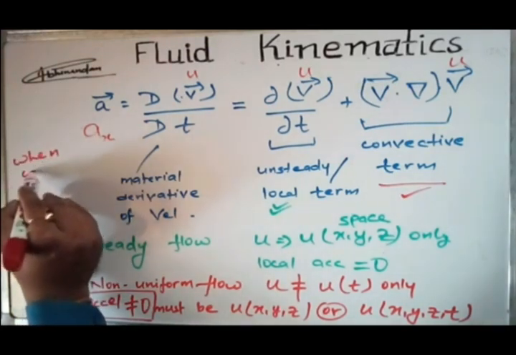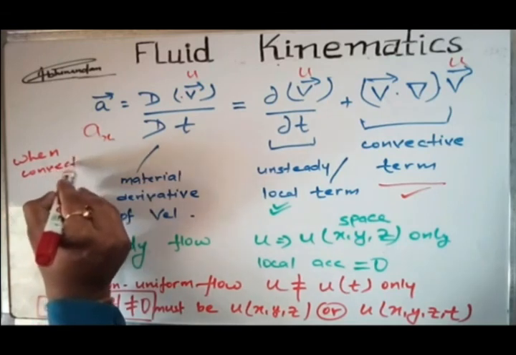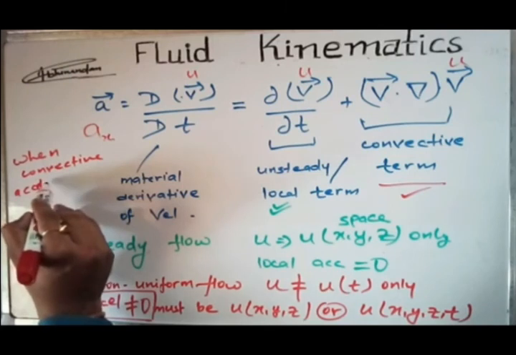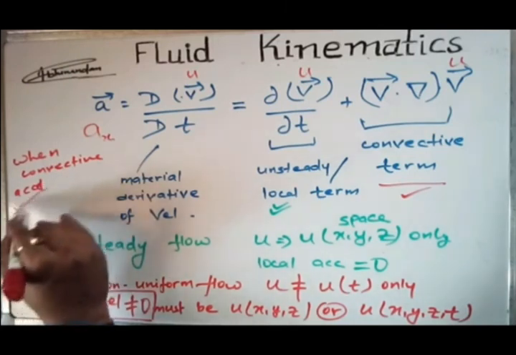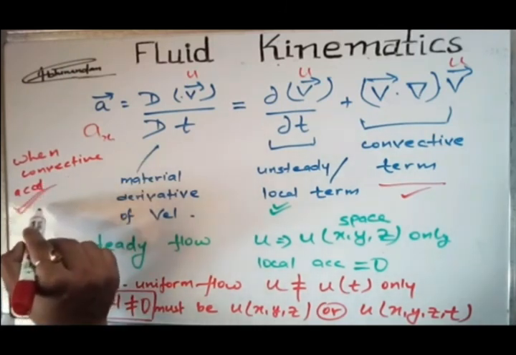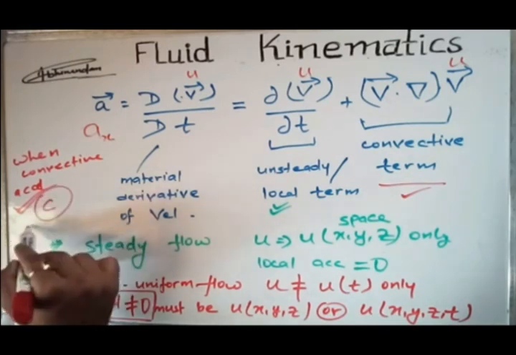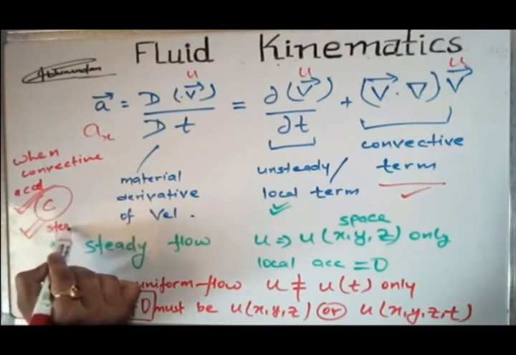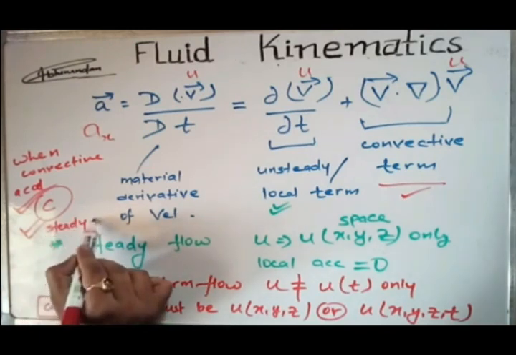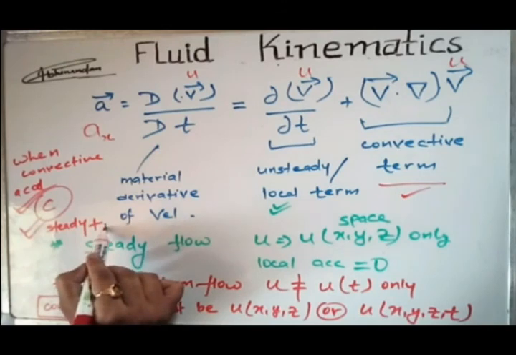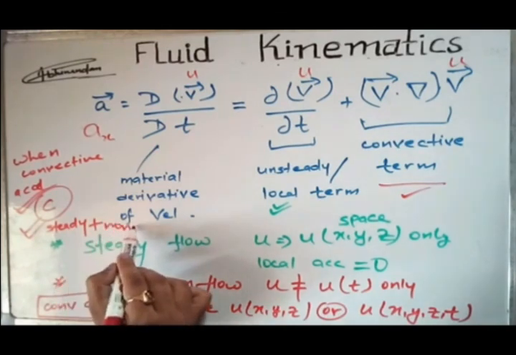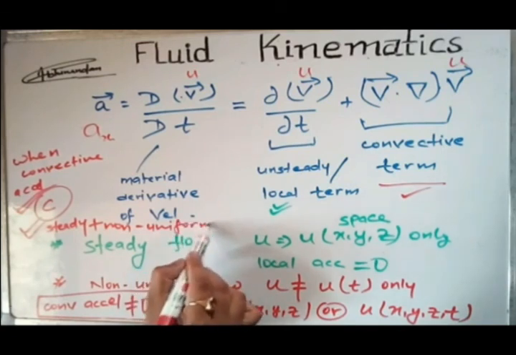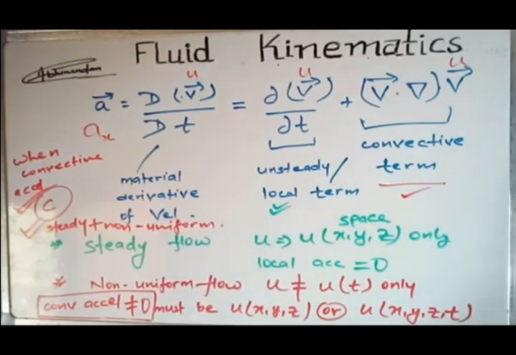So convective acceleration is not 0, and we are given that it doesn't have a local term, so the flow is steady. So option C is correct, which is, the flow is steady plus it is a case of non-uniform flow.